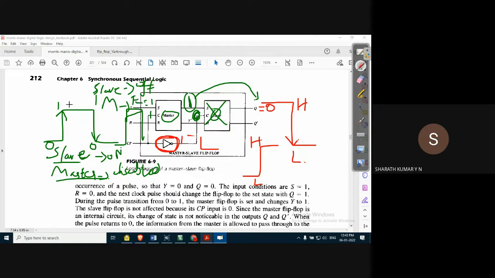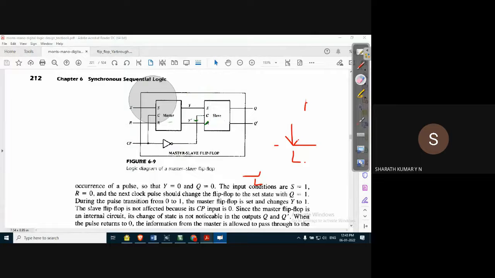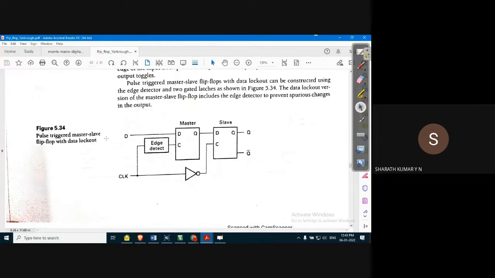This condition is what is called edge triggered flip flops. One more type of flip flop is possible, called a level triggered flip flop, which is also called a pulse triggered flip flop.